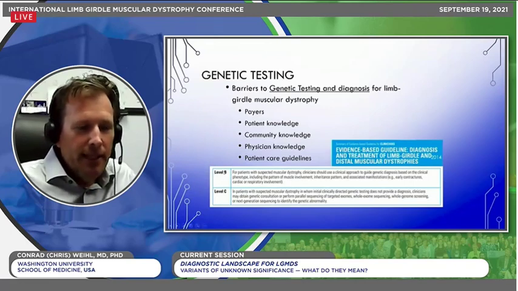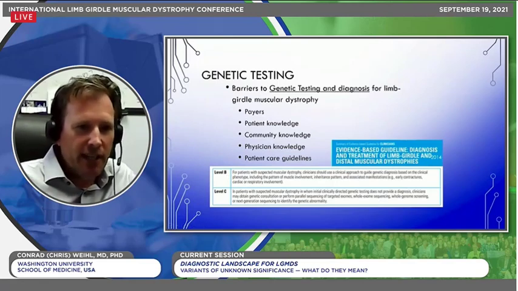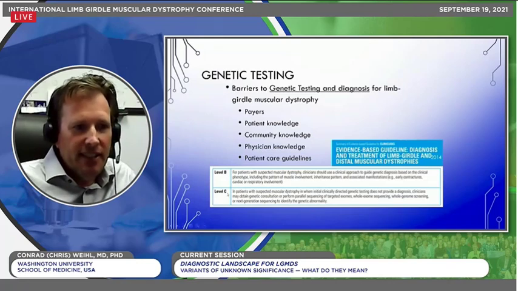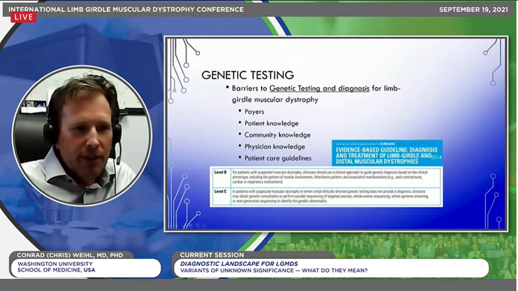And so level B evidence is via a cohort of different physicians say that it's a good idea. Level C evidence is that it's an expert opinion. So basically my idea that it should be done. And the importance about this is that level C evidence suggests that exome sequence or even panel-based sequencing be done.